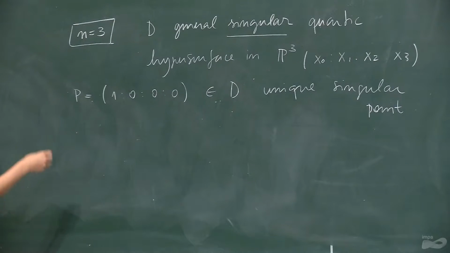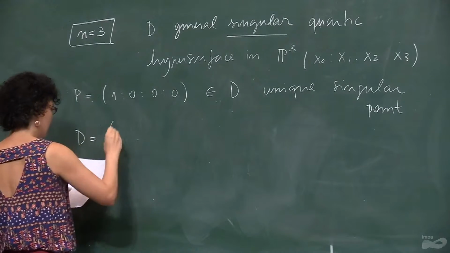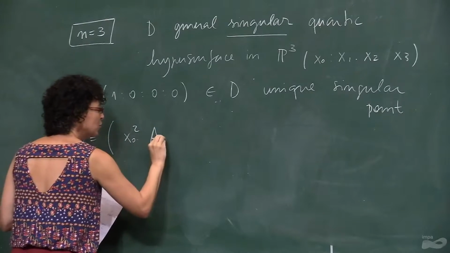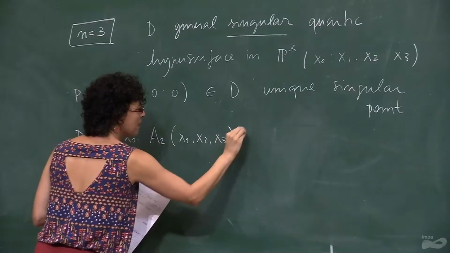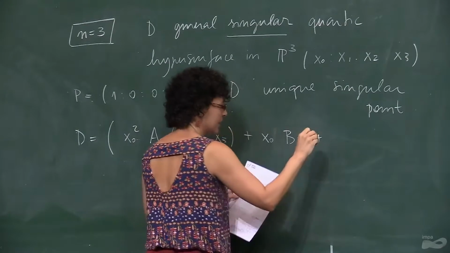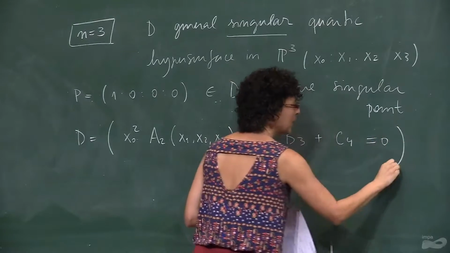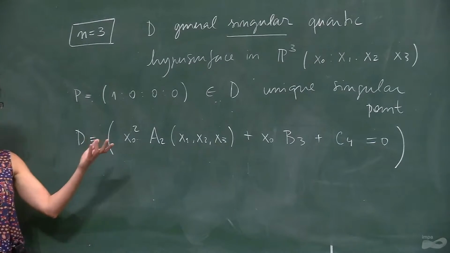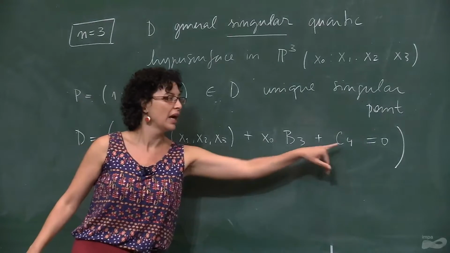So the equation of such D can be written in the following form: x0 squared a2 of x1, x2, x3, plus x0 b3, plus c4, equals 0. By that I mean that a, b, and c are homogeneous polynomials in x1, x2, and x3 of degrees 2, 3, and 4.